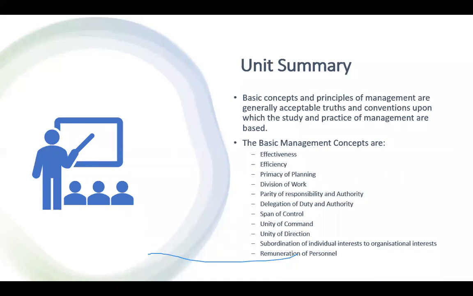Delegation of duty and authority: as you are delegating duty, equally delegate authority. Span of control: make sure that you don't give a manager more employees than they can necessarily supervise. Unity of command: let every person report to a particular command line.